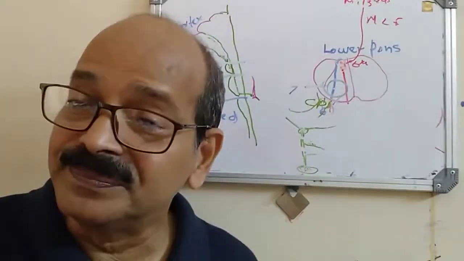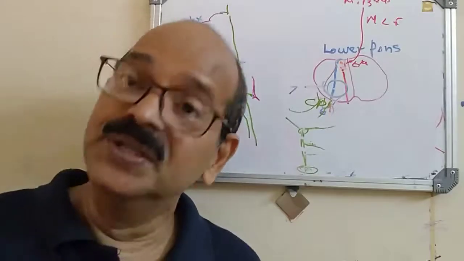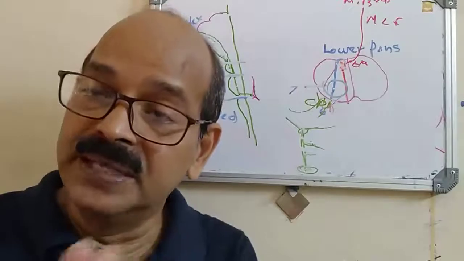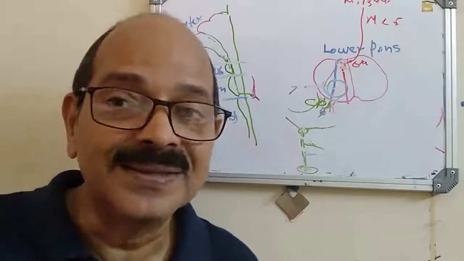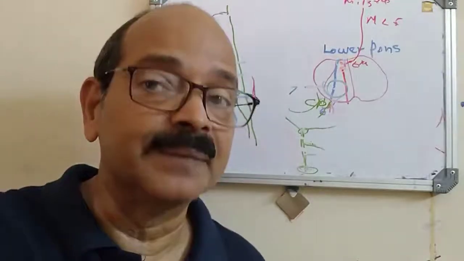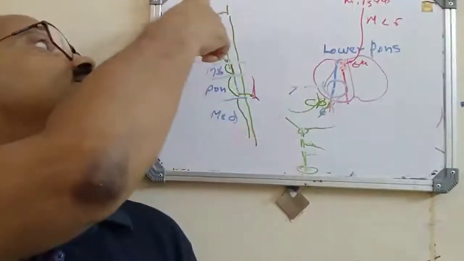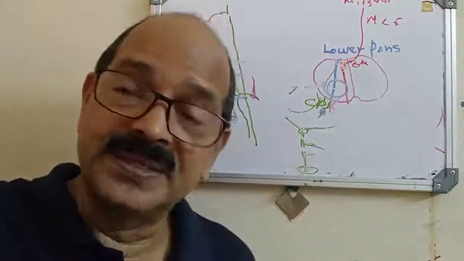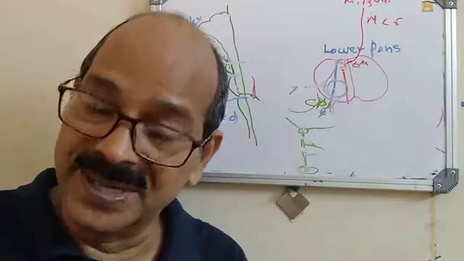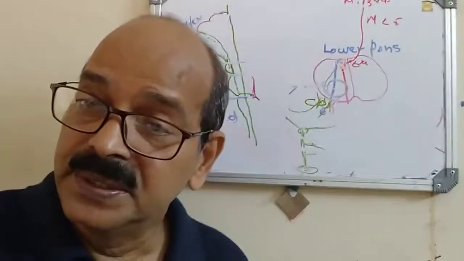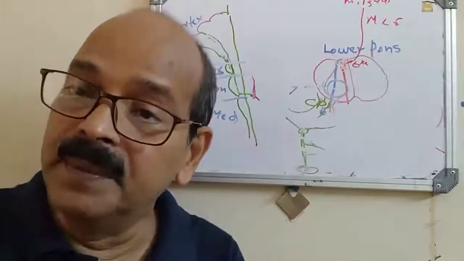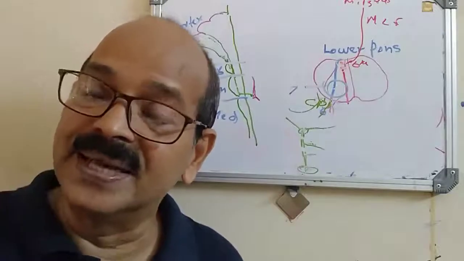So now comes UMN. Suppose your examination showed it's a UMN facial palsy, then how will you pinpoint? Again, depending upon the anatomical localization. Suppose the precentral gyrus is involved, you may get other evidence of the gyral involvement, so associated focal seizure can be there. In the subcortical area and internal capsule, you get a dense hemiplegia.